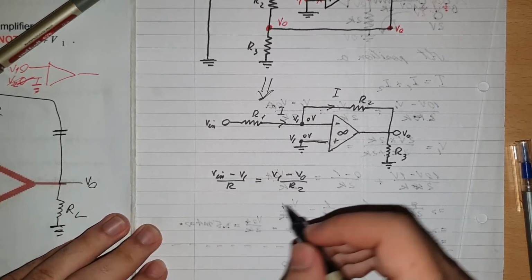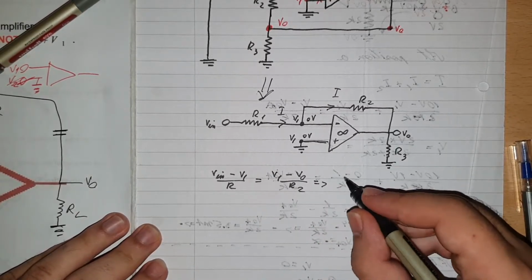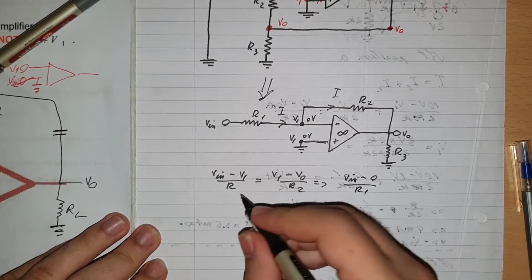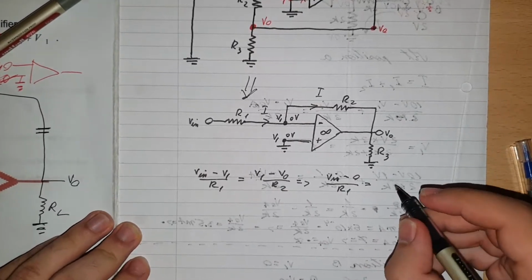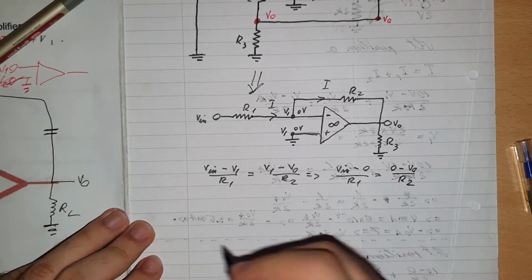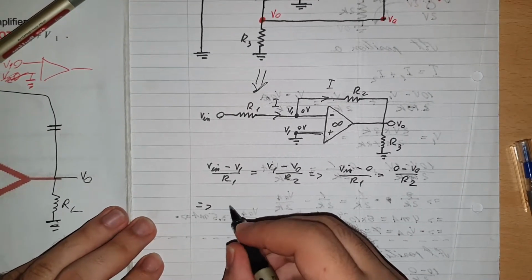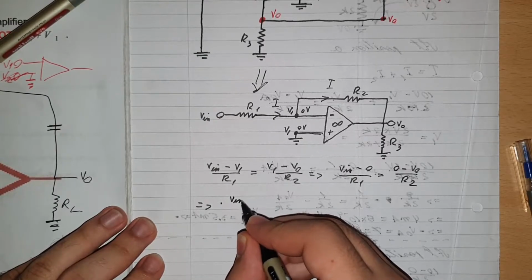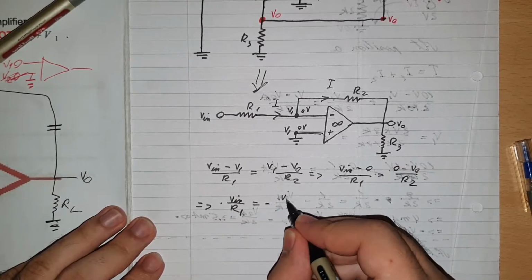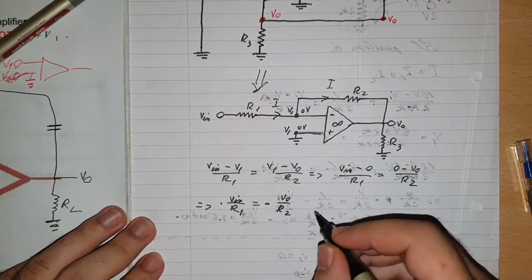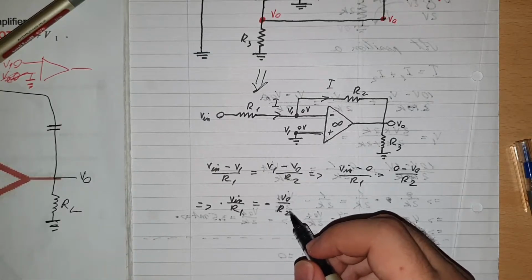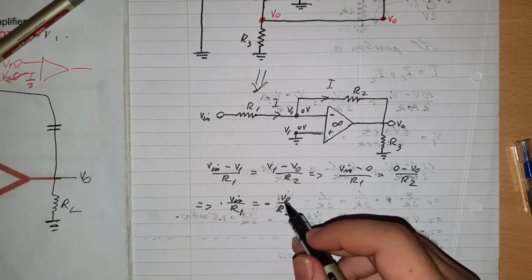Okay, therefore V in minus 0 over R1 will be equal with 0 minus V out over R2. Therefore, V in over R1 is equal with minus V out over R2. Okay, we can multiply by R1 on both sides.